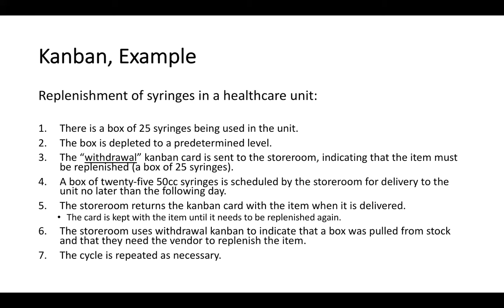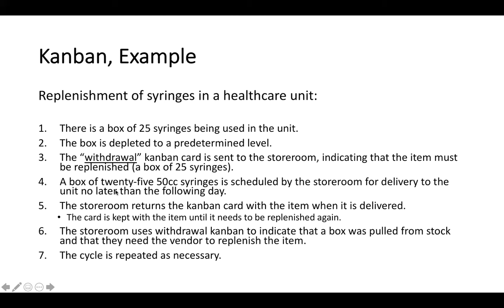Do not wait till you get to 0 syringes. No. Wait till you get to a predetermined level, 5 or 10 syringes in the box, then place the order. Then in the time that the storeroom takes to provide a box of 25 syringes again, you can use those 10 or 5 syringes that have been left in the box. So the storeroom, once they receive the Kanban card, then they know that, okay, this box of syringes is being depleted.